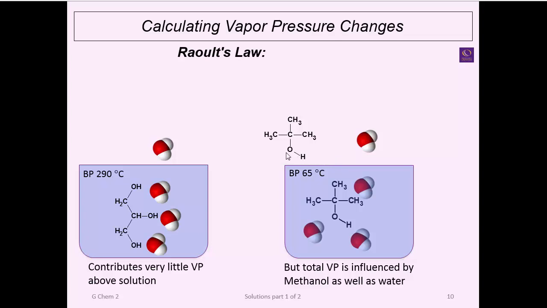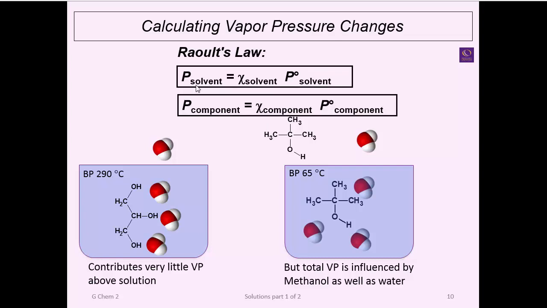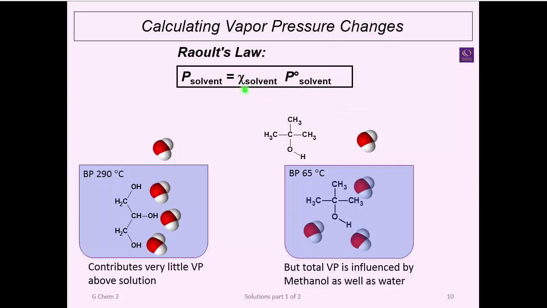So the actual calculation is based on Raoult's law, which basically says, look, the vapor pressure of the solvent is determined by the molar ratio of the solvent times the original vapor pressure of just pure solvent alone. So you'd have to know this number, and these are available in many tables.